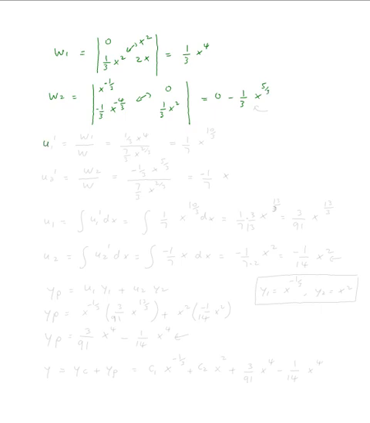Now u1 prime is equal to W1 over W, and then u2 prime is equal to W2 over W by definition. So W1 is right there, and remember W, we got 7 over 3 x to the 2/3.